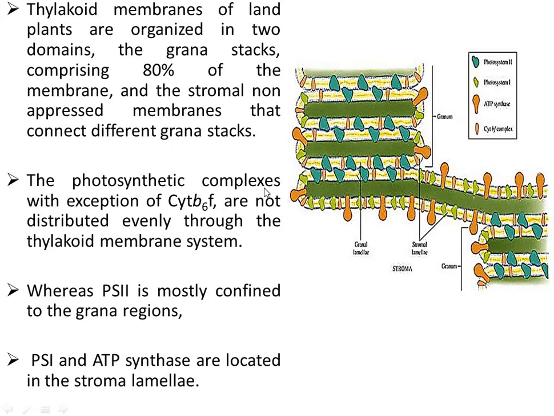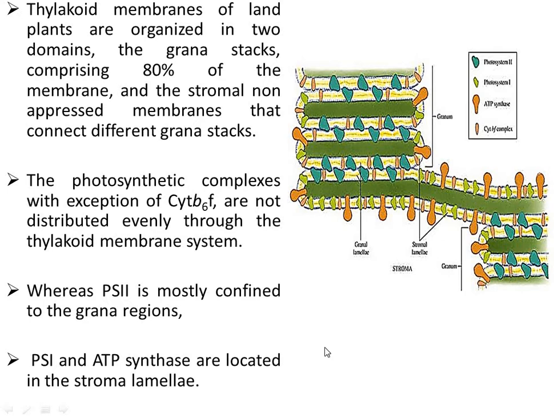The photosynthetic complexes, with the exception of cytochrome B6F, are not distributed evenly through the thylakoid membrane system. PS2 is mostly confined to the grana region, while PS1 and ATP synthase are located in the stroma lamellae.